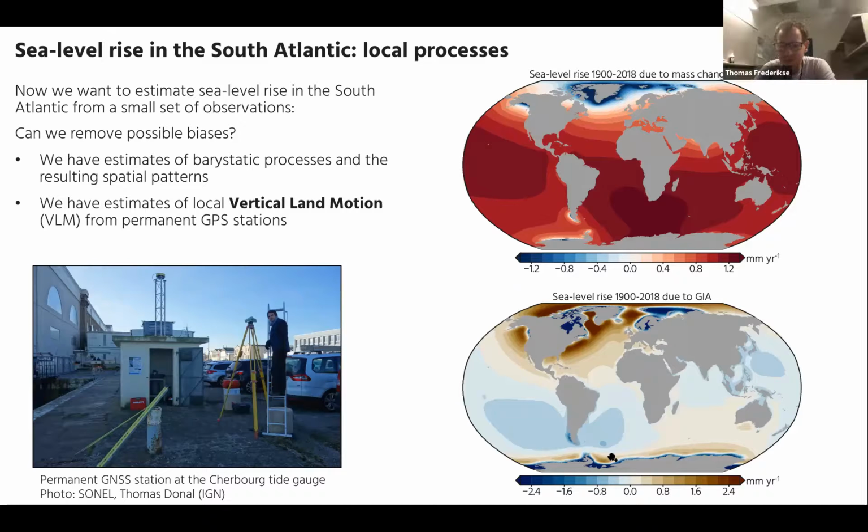Yeah, that's a good question, because it depends on two factors. The first one is these GIA models. They are constructed by having an estimate of the ice sheet history, like how all the ice sheets have melted since the last glacial maximum, and the solid earth rheology, like how the solid earth reacts to changes in how fast the ice loads the earth.